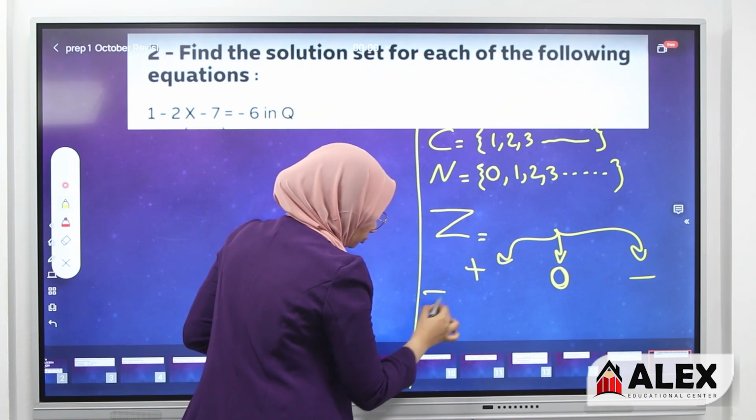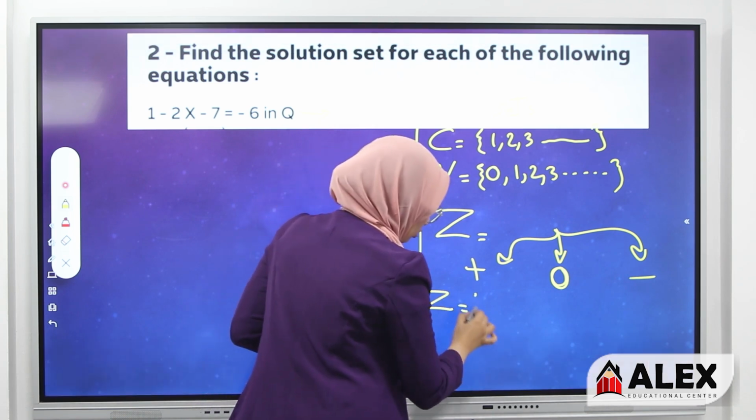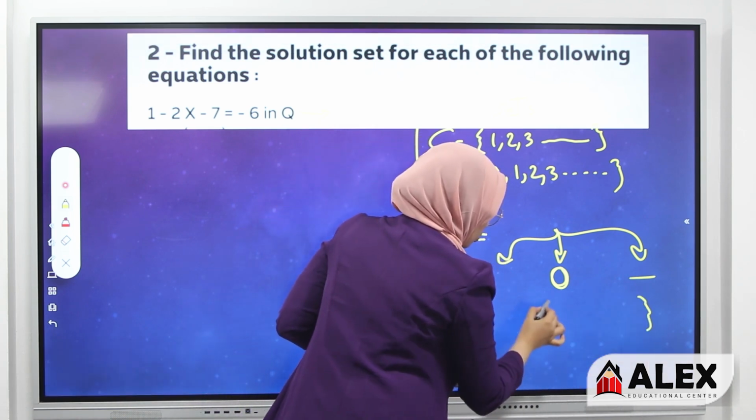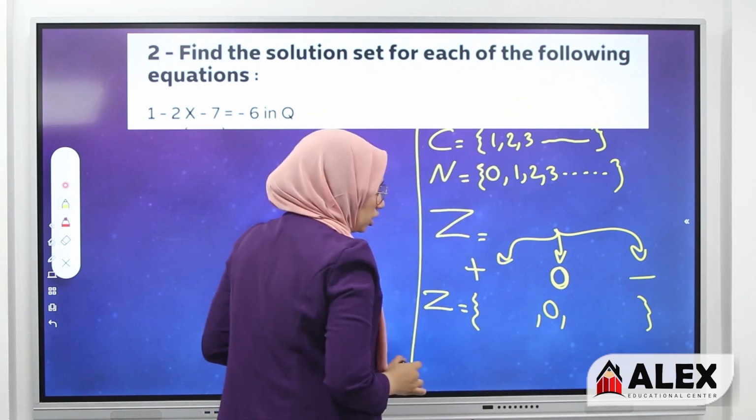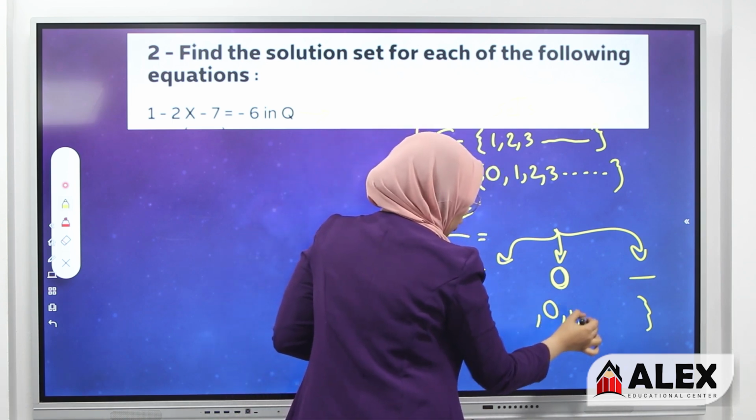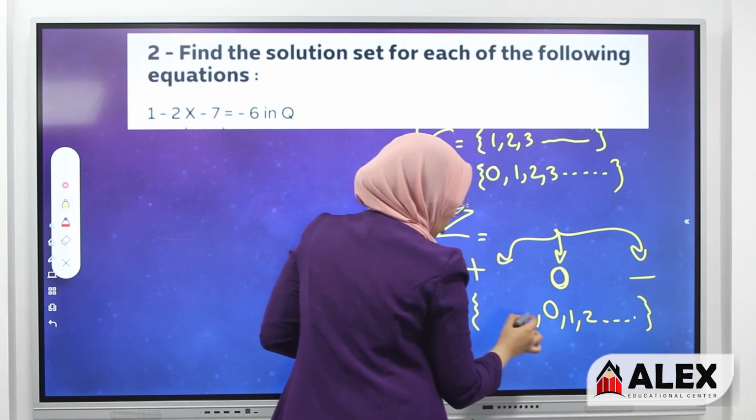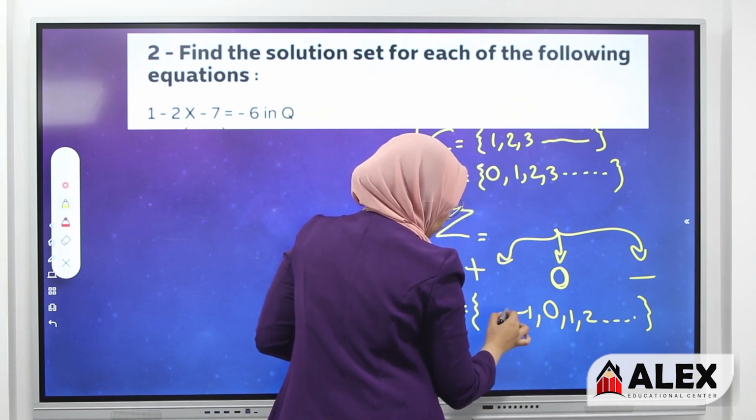Right here in the integers, we always put 0 in the middle, then the positive numbers, then the negative numbers.